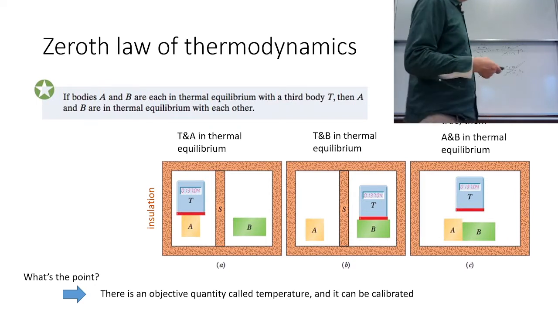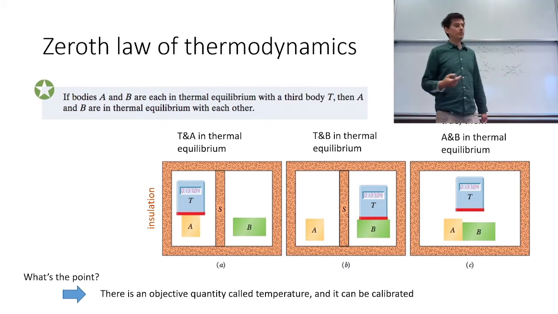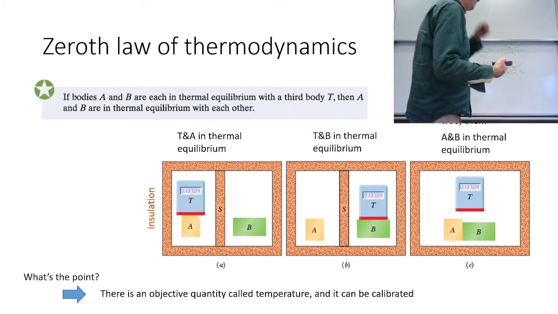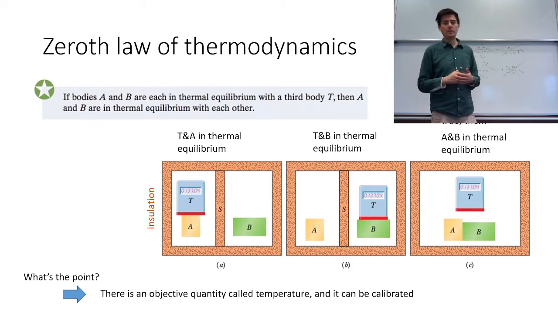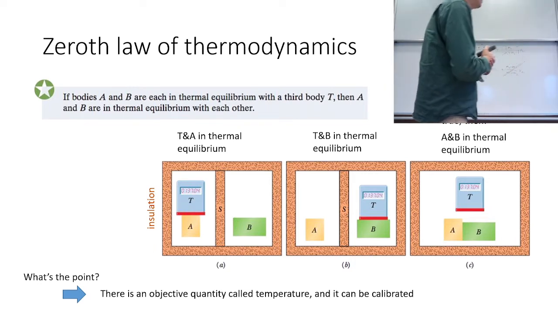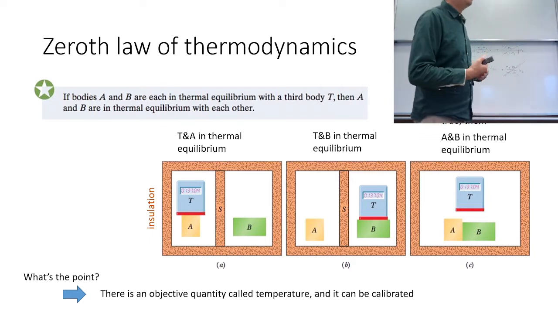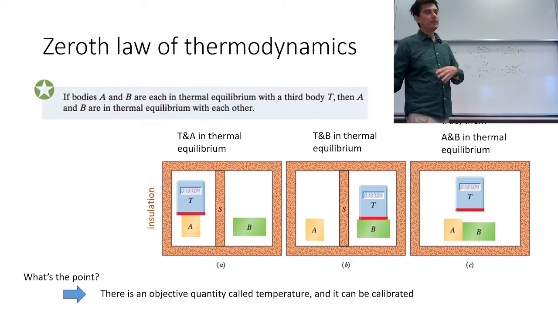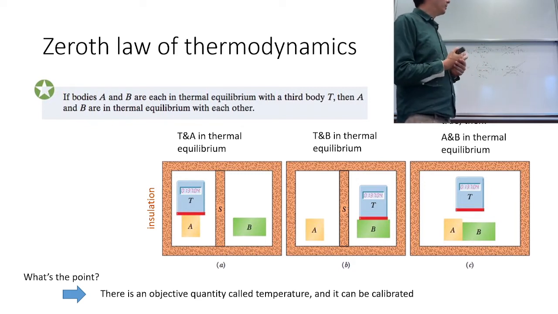So this might look like an almost obvious statement, and indeed it was kind of obvious to people researching thermodynamics hundreds of years ago. And so this is why it's called the Zeroth Law of Thermodynamics. It's sort of an afterthought. People made a first law of thermodynamics, second law, and so forth.